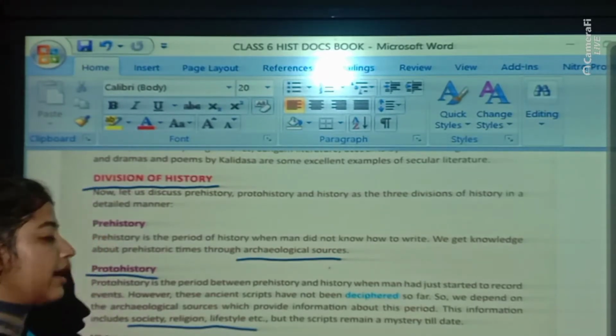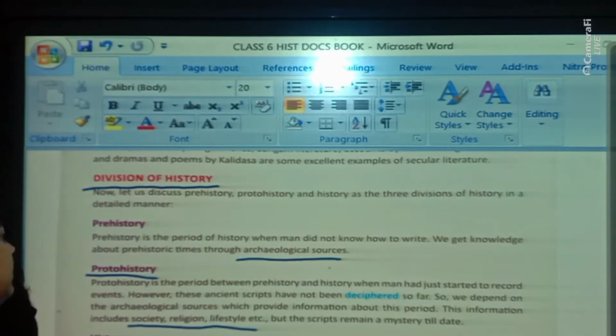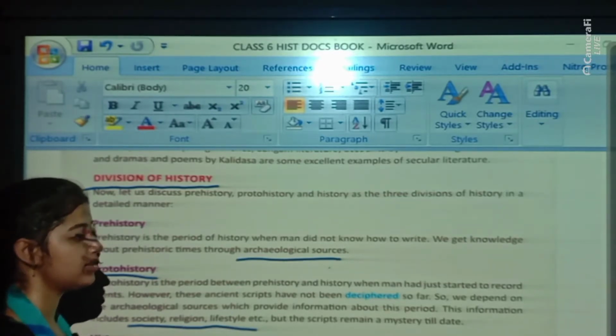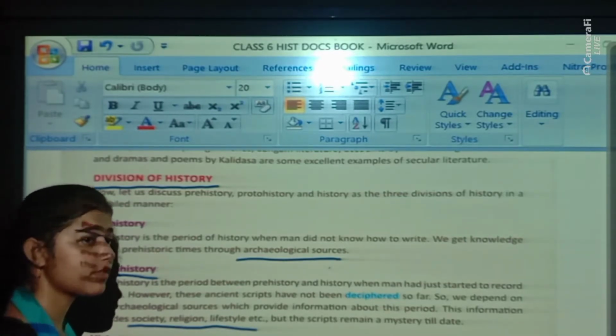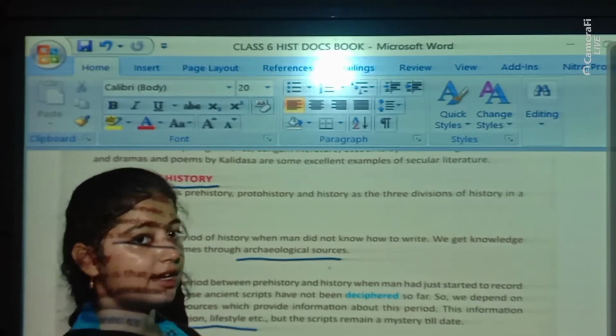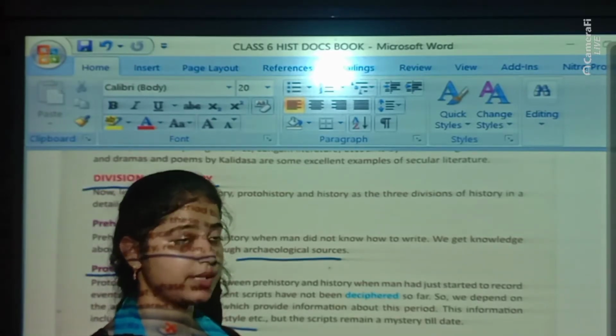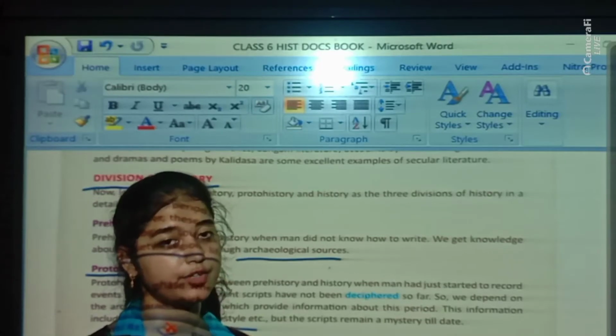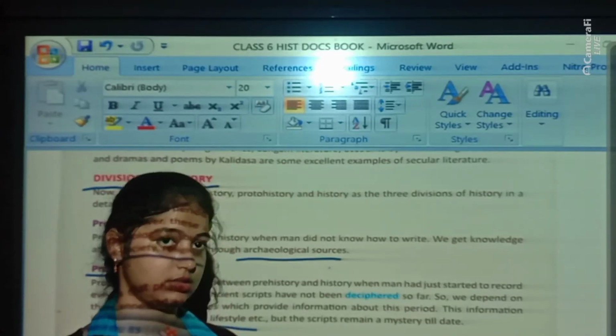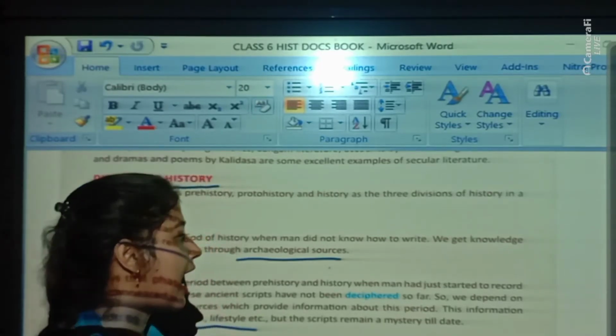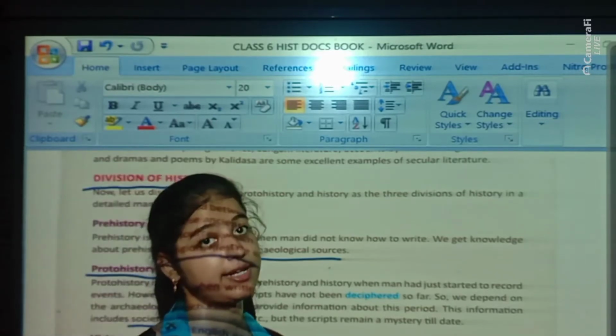If we analyze it in a simple way, protohistory means that a few civilizations were developed enough to script or archive their history in their own way, and a few were not able to write at that time.